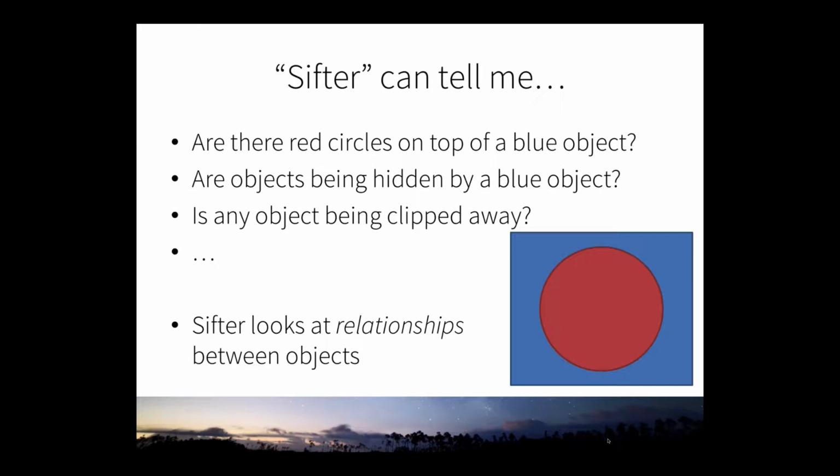It will look at blue objects individually, but it cannot test a relationship between the two. So you also can't say whether any objects are being hidden by a blue object. You can't say whether an object is being clipped away, because that would be a relationship between an object and a clipping path on the page.